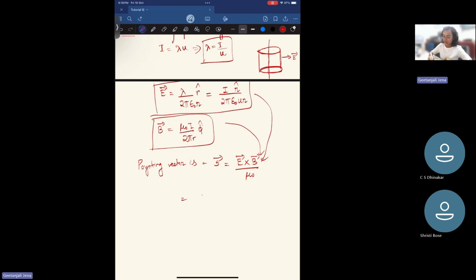So this will be mu naught I square by 4 pi square epsilon mu r square. And the direction will be r cap cross phi cap, so this r cross phi will give minus j, I think, plus it.